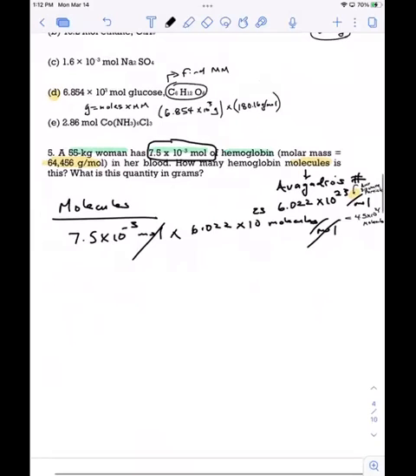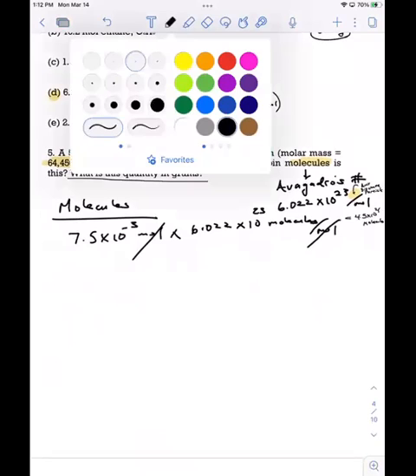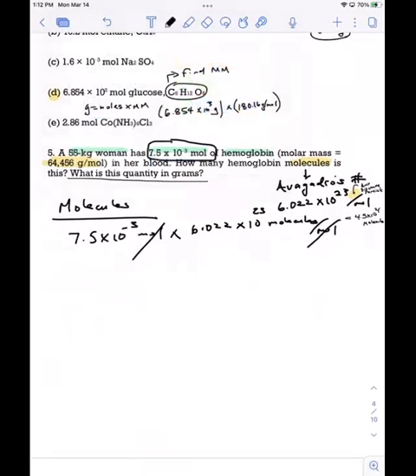All right, how are we going to get the grams? That's the other part. What's this quantity in grams? Do we have everything we need to get grams from moles? Don't we need grams equals moles times molar mass?